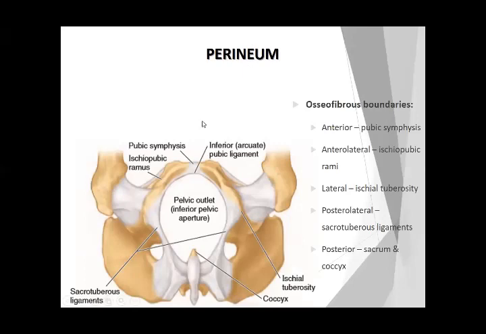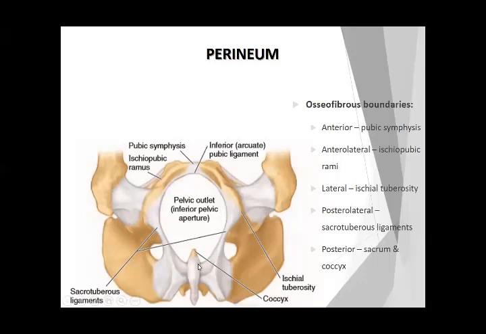In that, anteriorly, this is the pubic symphysis. Anterolaterally, this is the ischiopubic ramus. Laterally, these two, one on either side, are the ischial tuberosities. Posterolaterally, this is the sacrotuberous ligament from the sacrum to the ischial tuberosity.